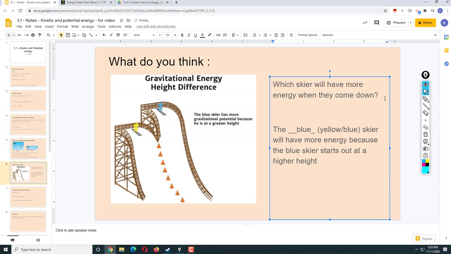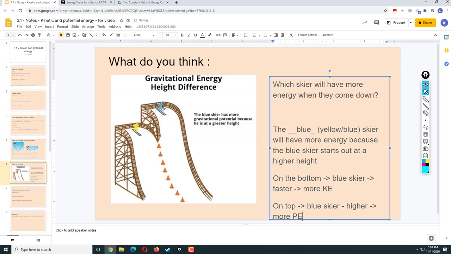So on the bottom, we know that the blue skier will be faster, so more kinetic energy. The way we describe it is that on top, the energy is a different type, it is potential. So the blue skier is higher, so more potential energy.